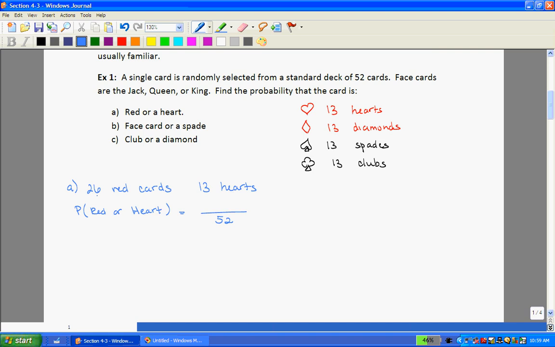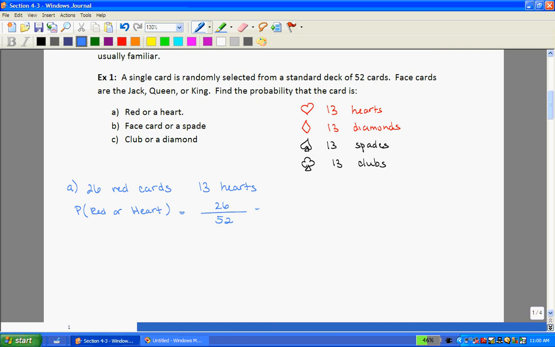Well, we said there's 26 red cards, but if I add 13 to that, the red hearts are being counted twice. I don't want to count those twice because of the red cards, I have hearts and diamonds, and although there are 13 hearts, I would be counting them twice. So really, there's only 26 cards that are either red or heart.